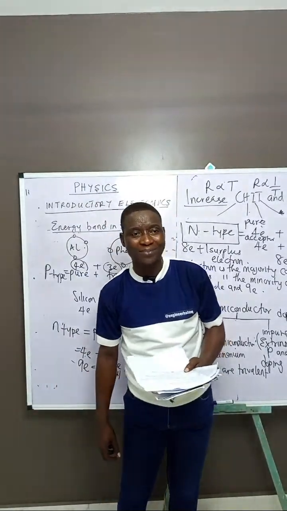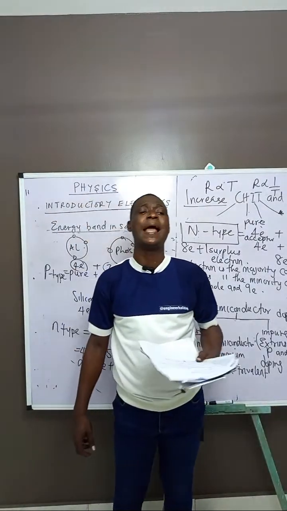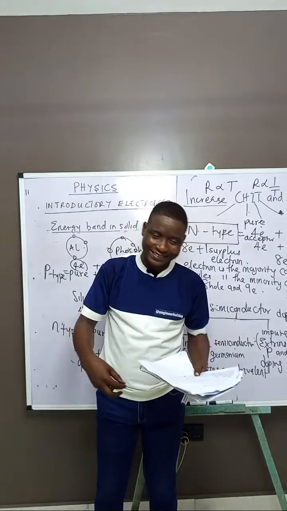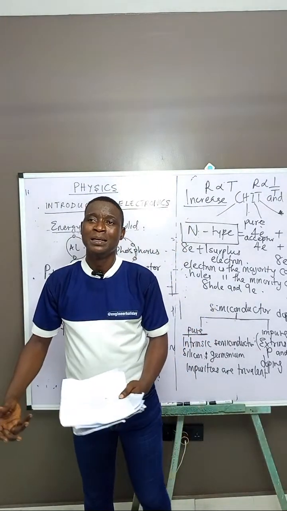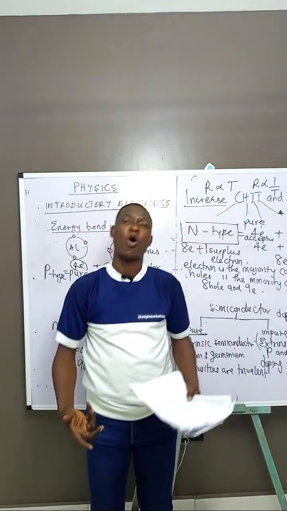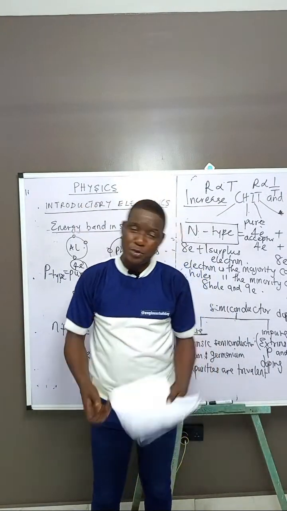What is a doping process? A doping process is a process by which you add a dopant, an impurity, to a pure semiconductor, silicon or germanium, to become an impure semiconductor.